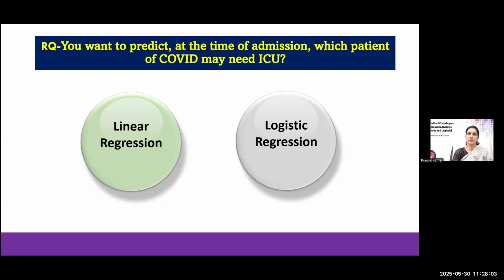Similarly, if my research question is, I want to predict at the time of admission which patient of COVID may need ICU, will I go for linear regression or logistic regression? All of you please type in the chat box.